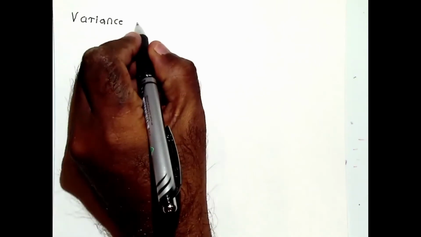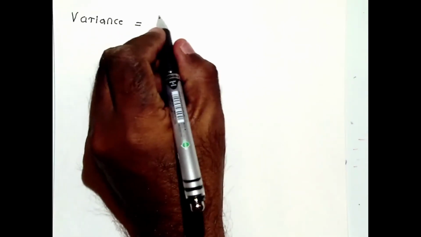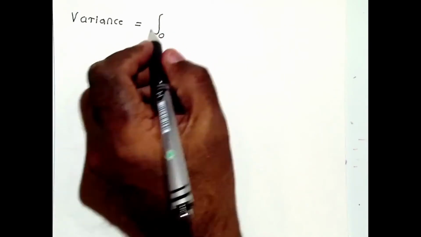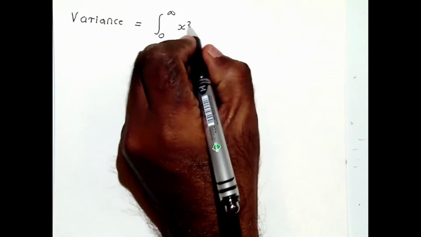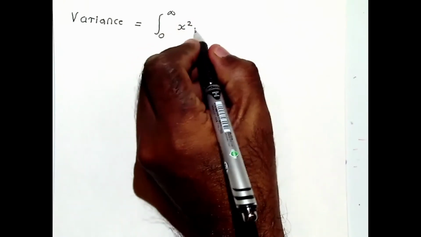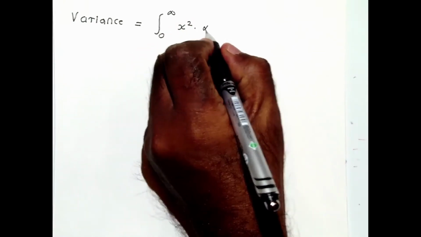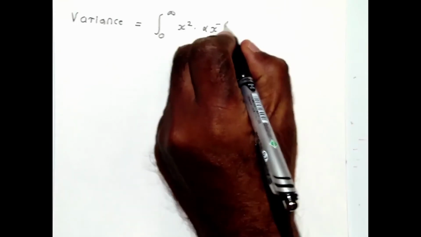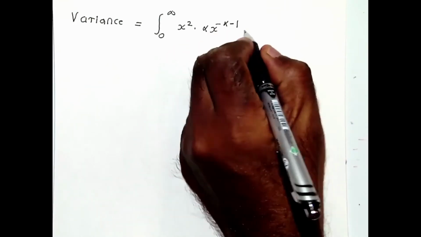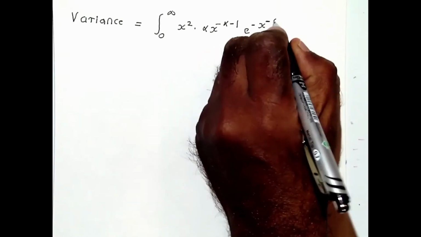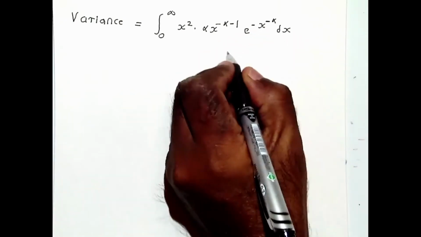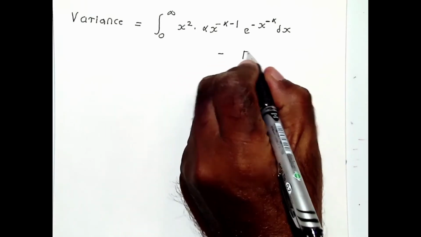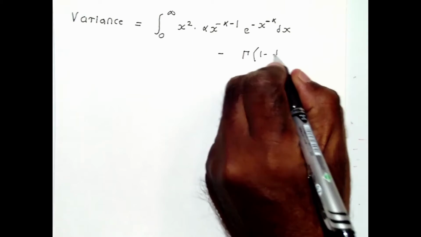Now we will find the variance for the Fréchet distribution. So it's going to be the integral from 0 to infinity of x squared times the density function for Fréchet, which we worked out earlier in question 1, dx minus the square of the mean, which we worked out for Fréchet in question 2.